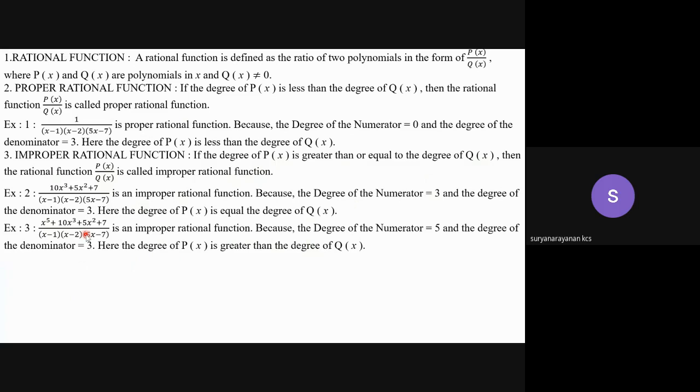Understood the difference between proper rational function and improper rational function? How to identify whether a given rational function is a proper rational function or improper rational function?